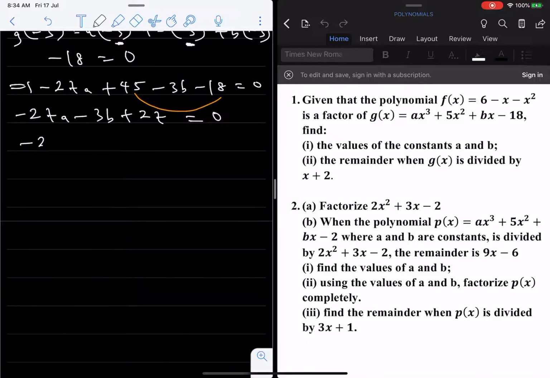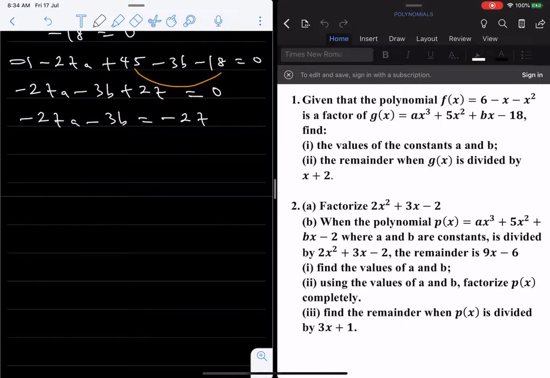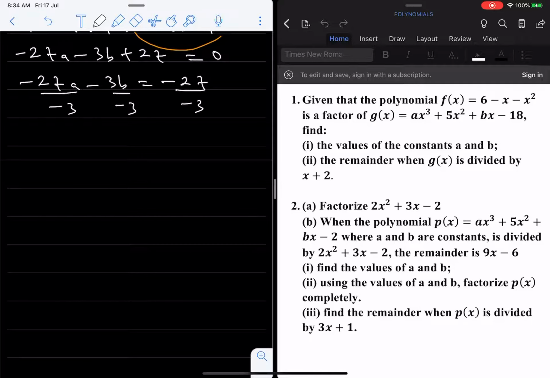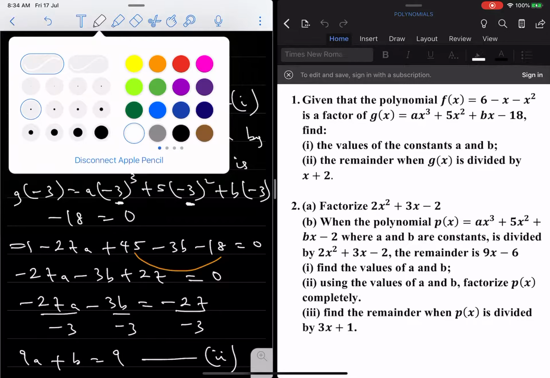And that means minus 27a minus 3b equals minus 27. We can divide through by minus 3. And when we do that, we have 9a plus b is equal to 9. That's equation 2.